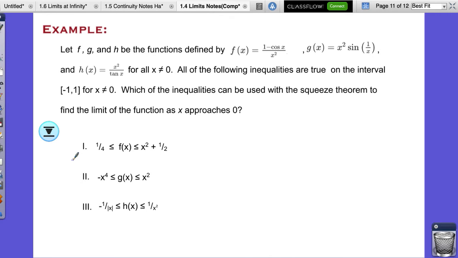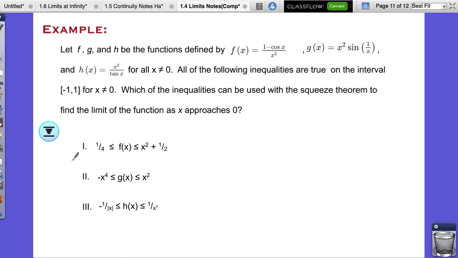Let f, g, and h be the functions defined by f of x is 1 minus cosine over x squared, g of x is x squared times the sine of 1 over x, and h of x is x squared over tangent of x for all x not equal to 0. All the following inequalities are true on the interval between negative 1 and 1 for x not equal to 0. Which of the inequalities can be used with the squeeze theorem to find the limit of the function as x approaches 0? A lot of words there.